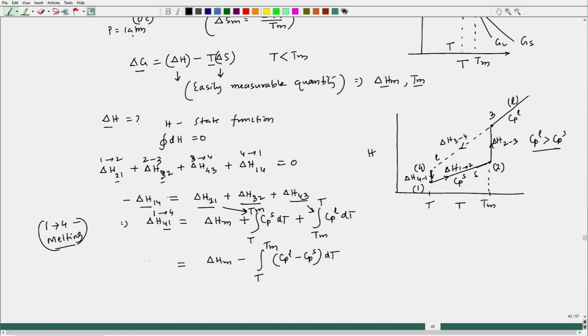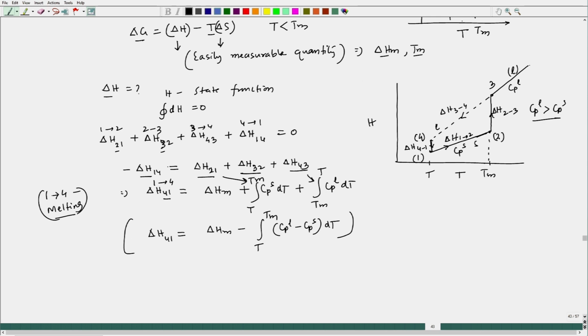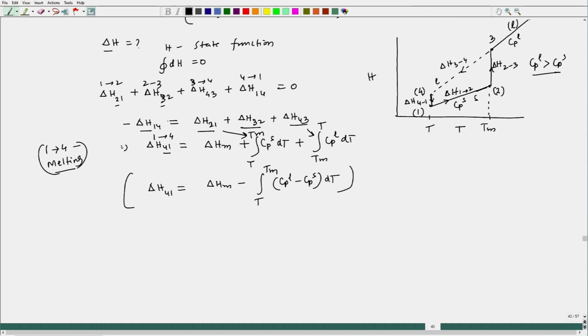So, this is one equation. This is basically for melting at a point below the melting point. I can find the value through this. I need to find out Cp solid and Cp liquid separately. Now, I can also do the same treatment for entropy. This is temperature, this is S. A similar thing would be drawn.